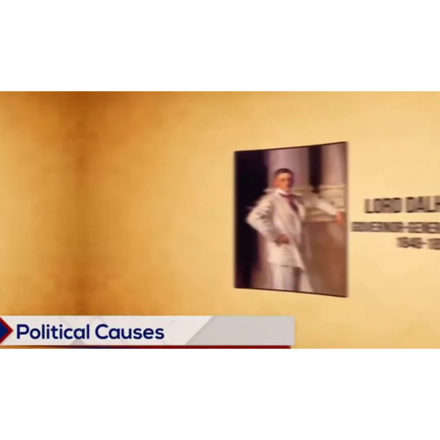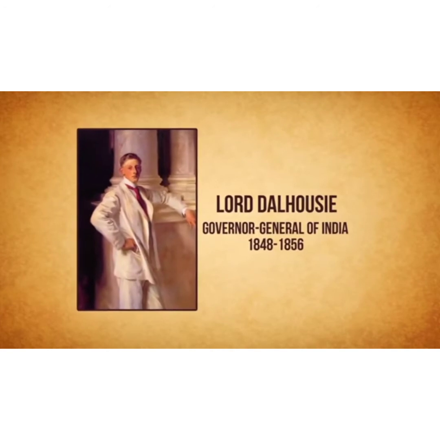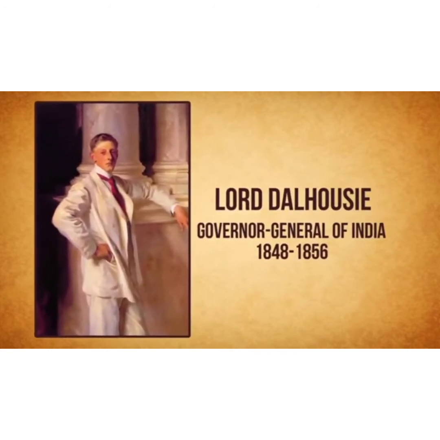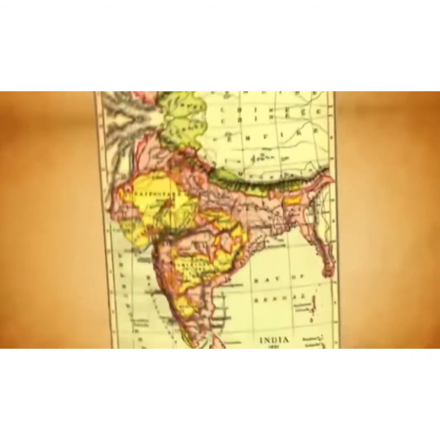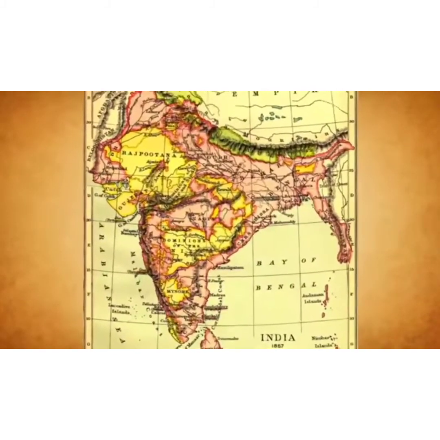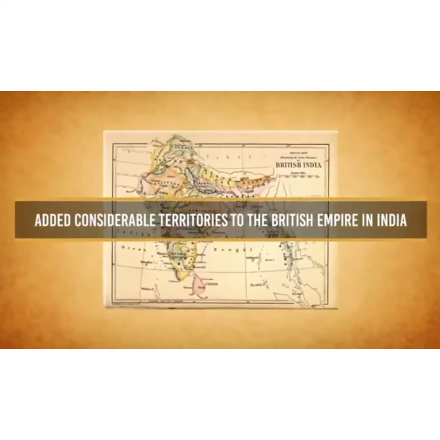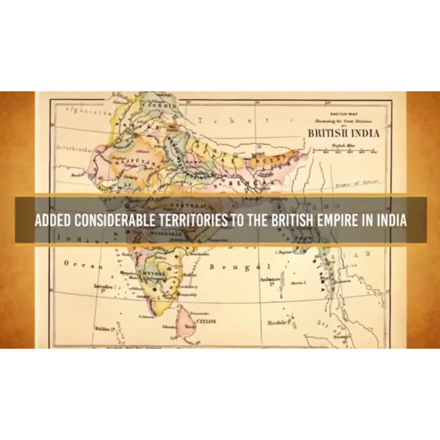British policies since the middle of the 18th century had gradually ousted many ruling groups from power. We have also learnt how the subsidiary alliance and the doctrine of lapse were instrumental in making the English East India Company the paramount power in India. This robbed the political elite of their status and left them feeling humiliated.